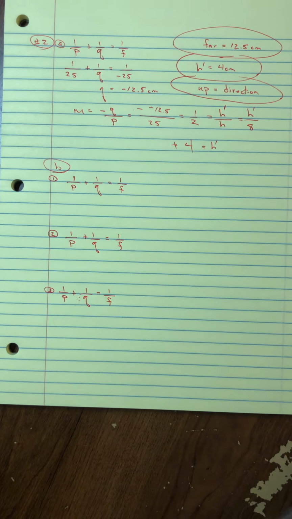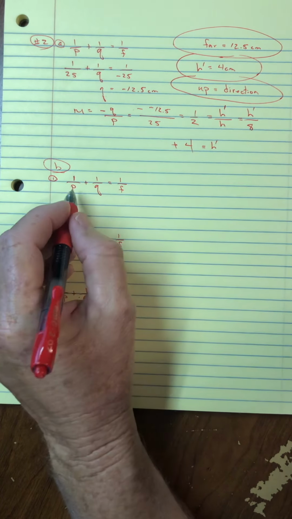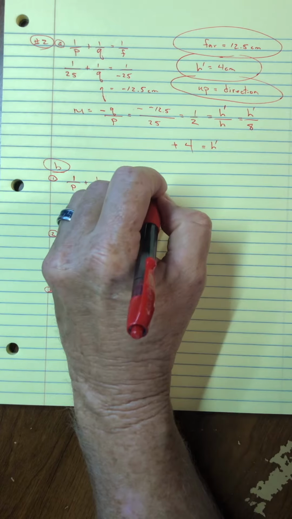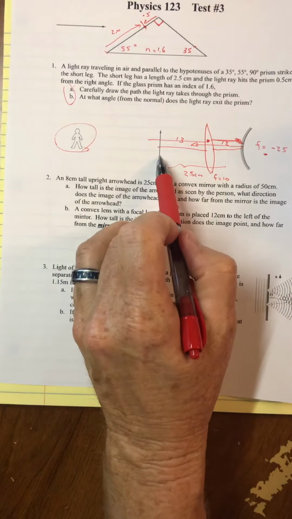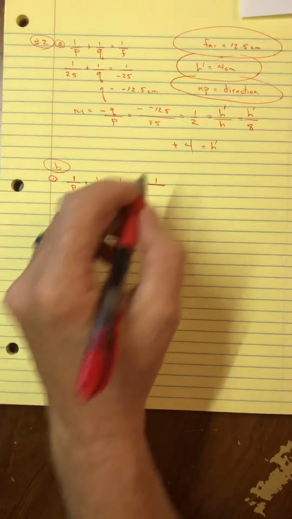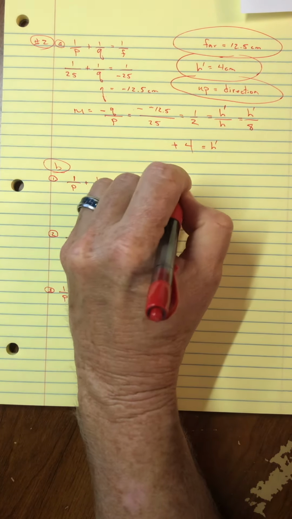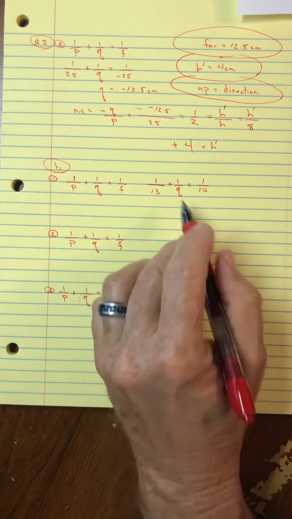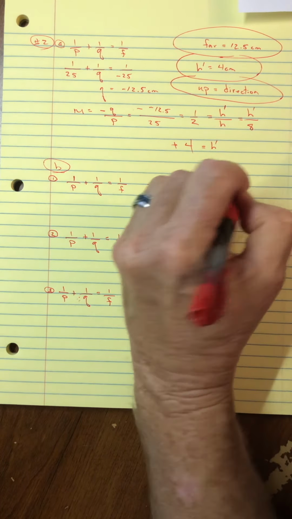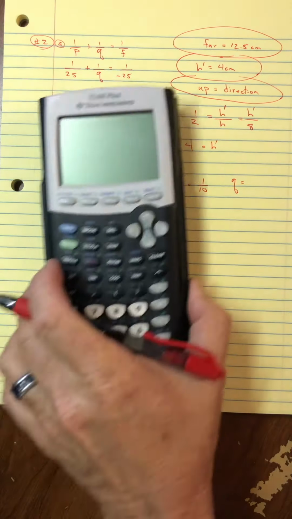All right. So I'll start with the first step, the 1 over P. And so this arrowhead is now 13 centimeters away. And let's find the Q. And remember, the focal length is a 10, we just said.